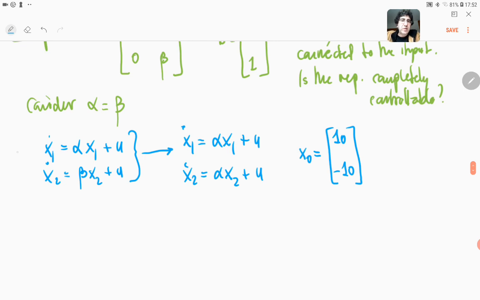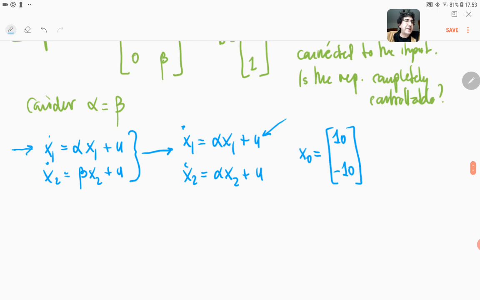In order to bring x1 to the origin, you should choose u in such a way that x1 dot is negative, so that it decreases towards the origin.